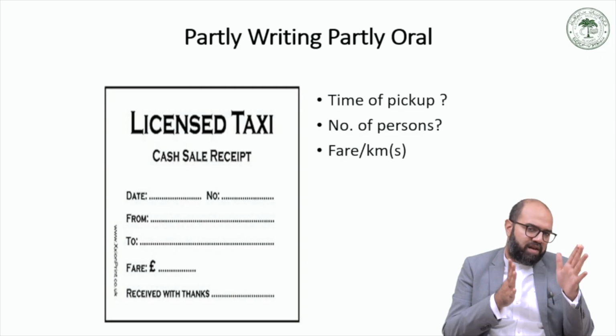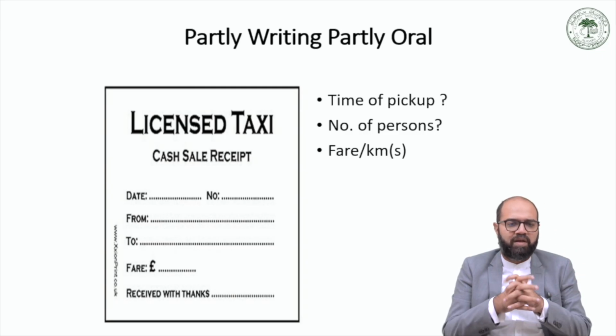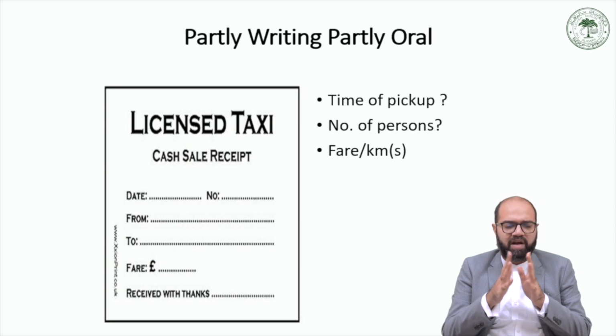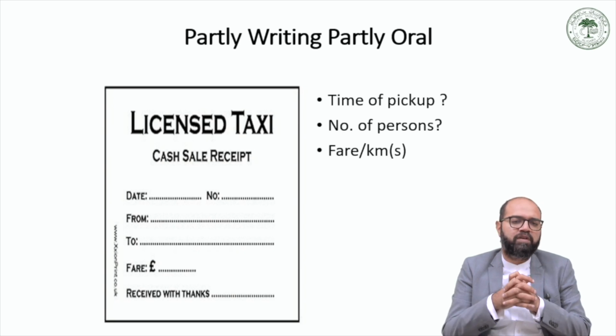And then there are certain aspects which have been written down in the receipt, which is a kind of an agreement. So this would be an example of a contract which is partly in writing and partly oral.